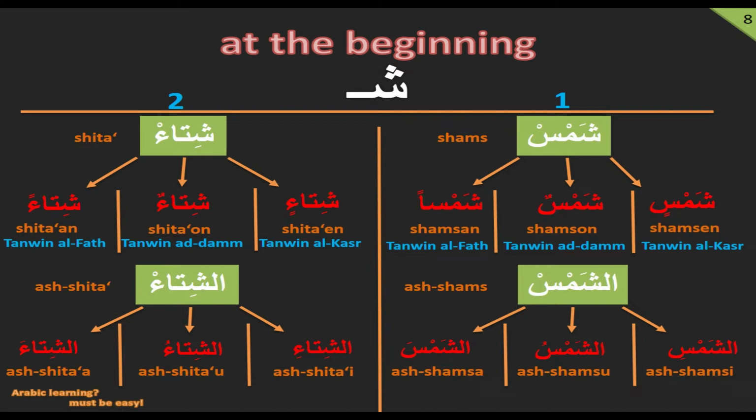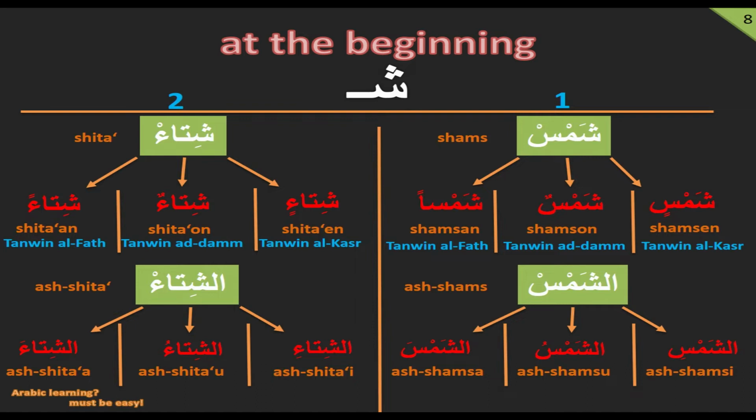Here is an important note regarding tanween al-fath. When we use tanween al-fath, we must add the letter alif at the end of the noun, as in the example of shams, shamsan with alif. So an alif is added at the end. The rule only occurs with tanween al-fath, but not to the other sorts. However, you may have noticed that in the case of tanween al-fath, in the second example, shita, shita'an, there is no alif inserted.